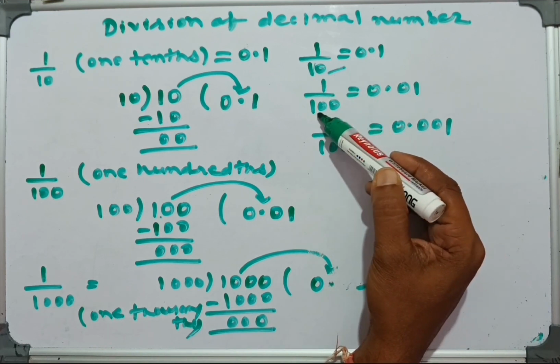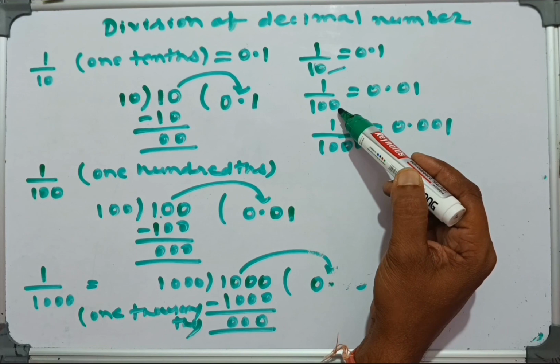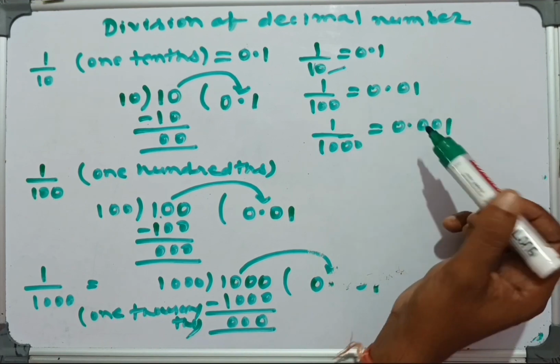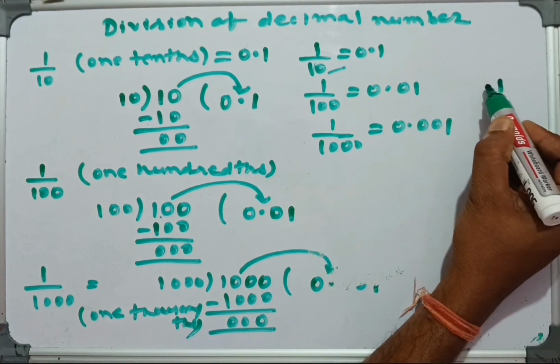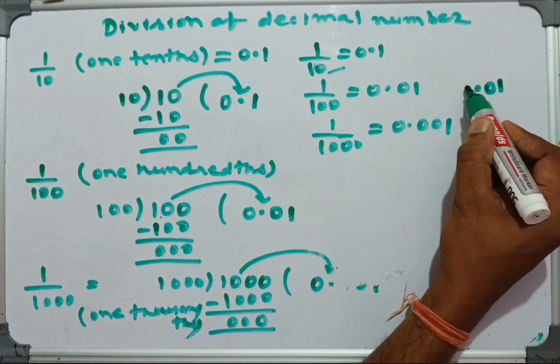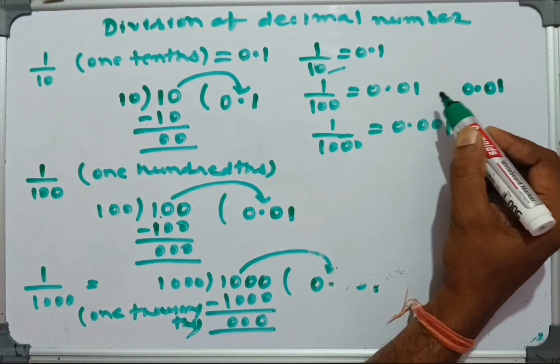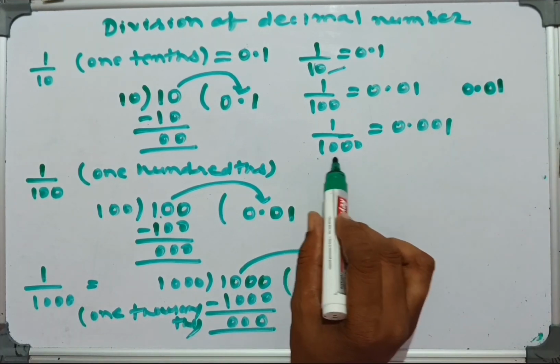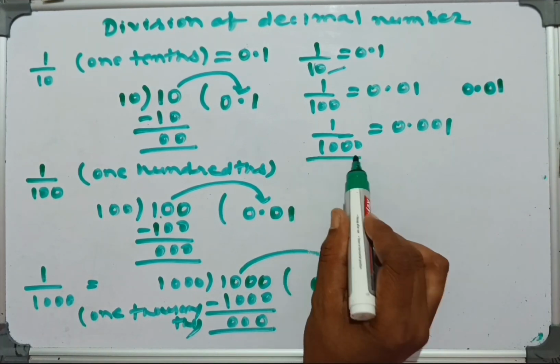Suppose here there are 2 zeros. What is the solution? You just write 1, then there are 2 zeros, so put 1 0, then 0. Okay, suppose for this one. Okay, how to remember?